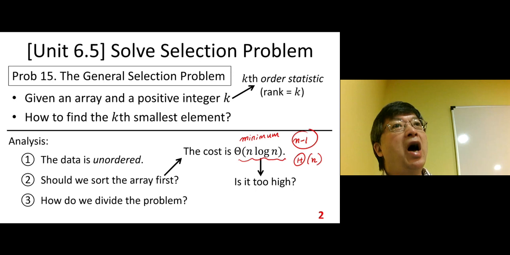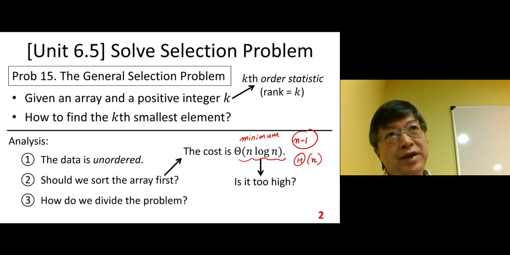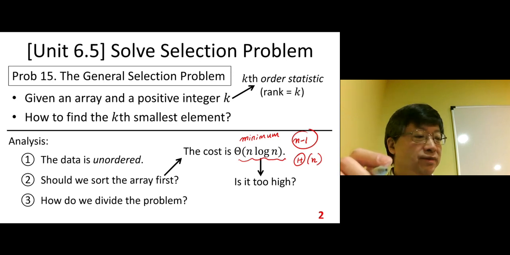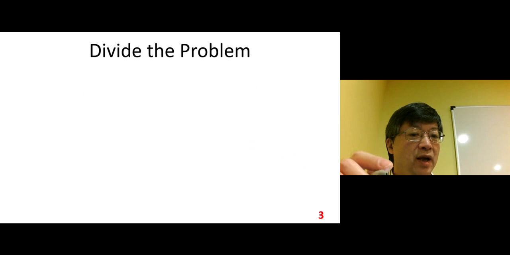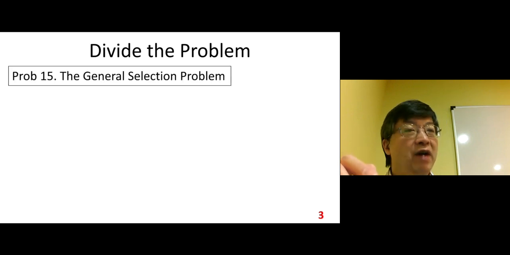So the question is, how do you divide the problem? That's not easy. So for this problem, we need to do that. To divide a problem, you need to have some strategy. So here, let's look at our strategy.